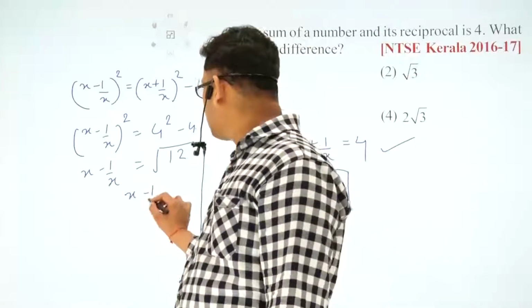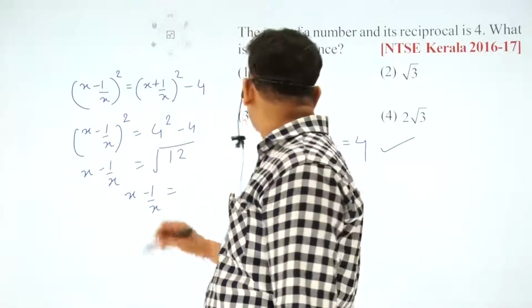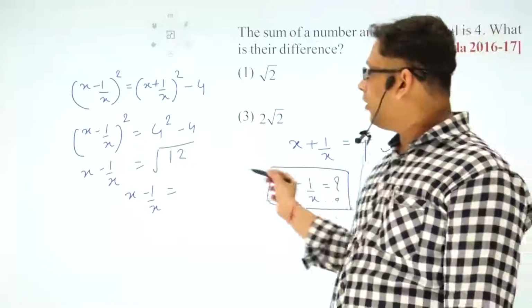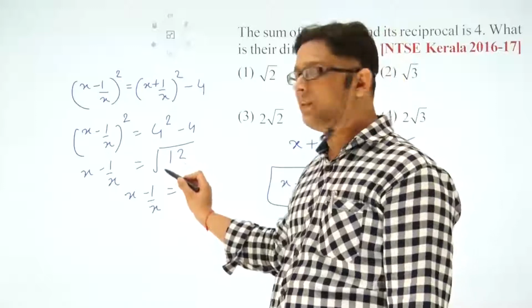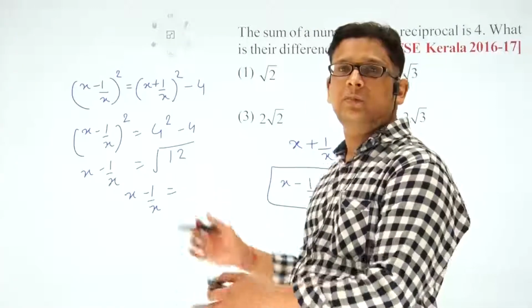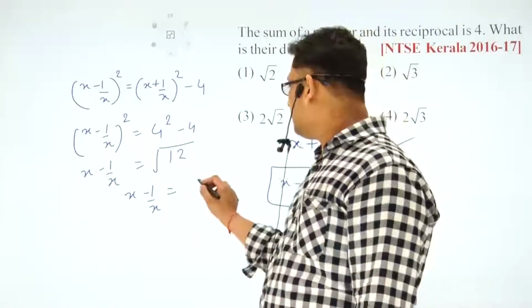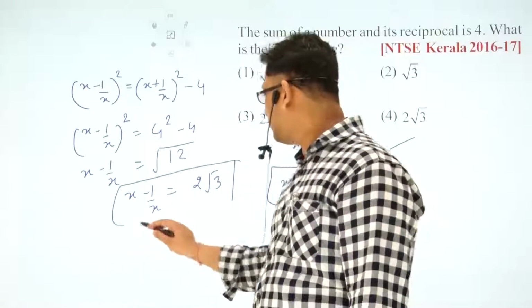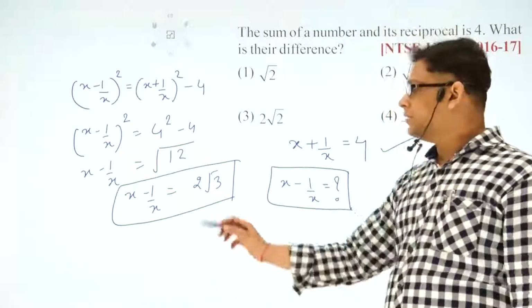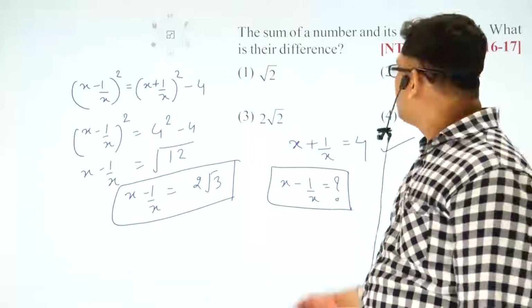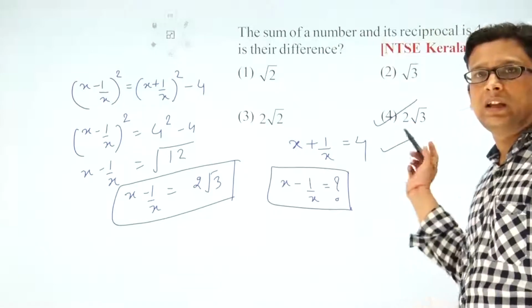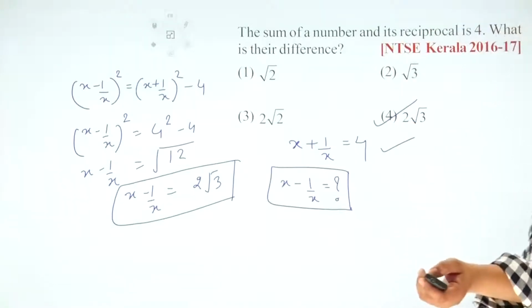The value of x minus 1 upon x is plus or minus 2 root 3, but all the options are positive, so we only consider the positive sign, because a root gives both plus and minus values. So x minus 1 upon x is equal to 2 root 3. So option 4 is the correct answer for the given question.